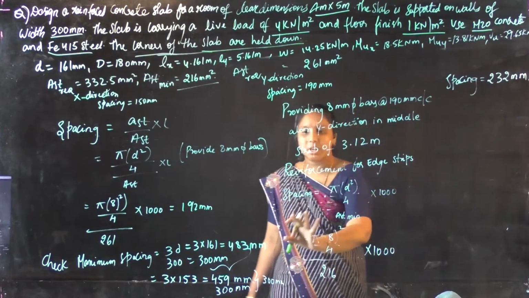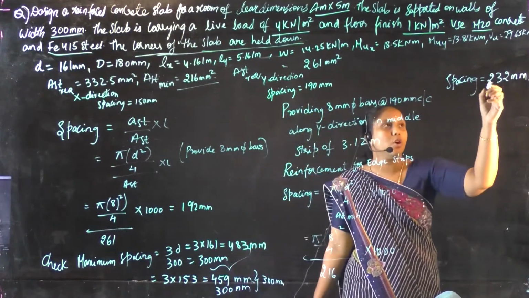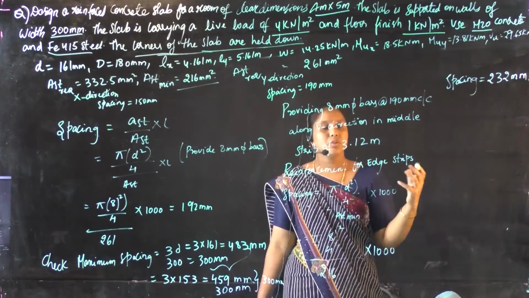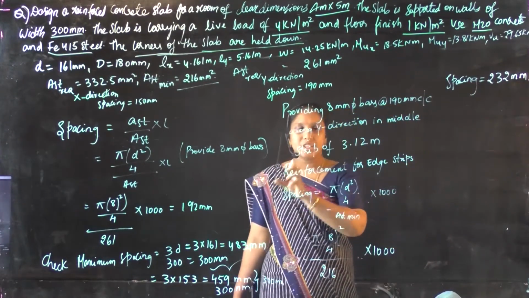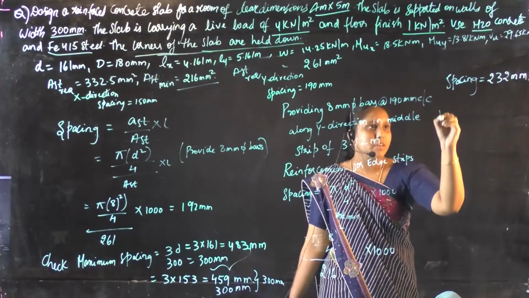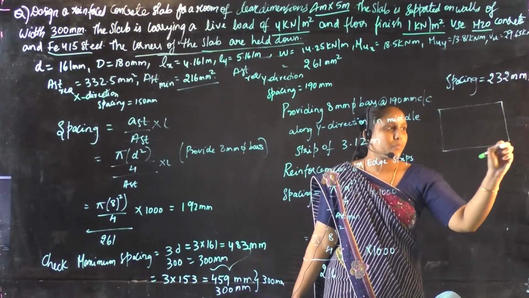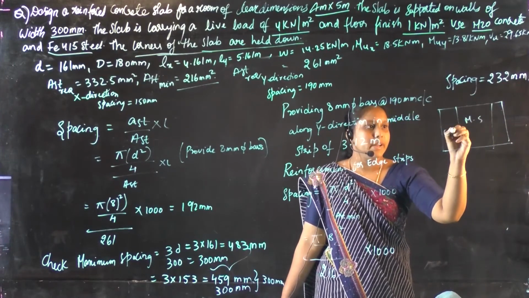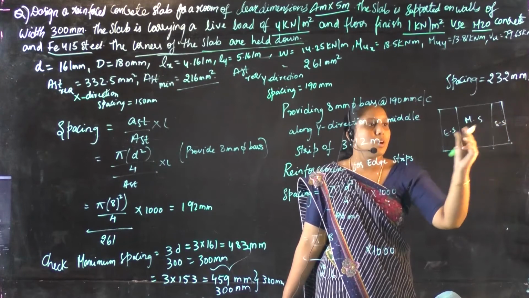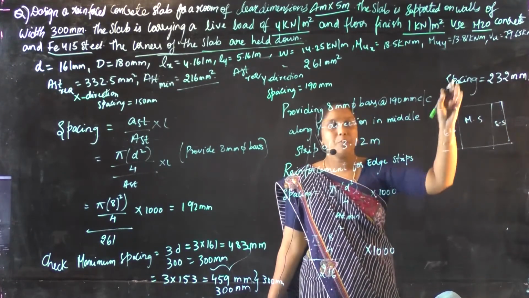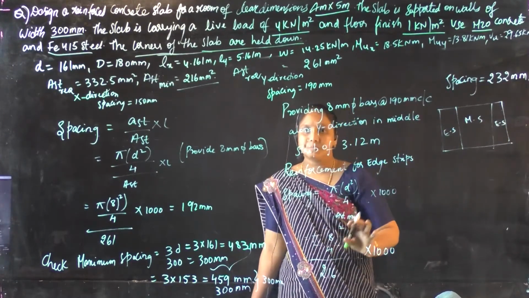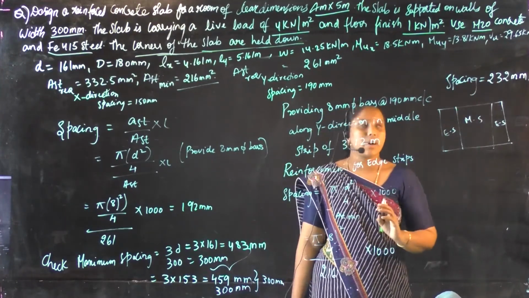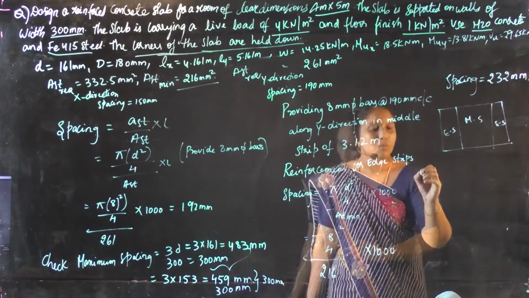So if you solve this particular equation, you are going to get a value of spacing which is 232 mm. So here at the edge strips, as previously we have seen, this is our middle strip and this is our edge strip. At these edge strips we have to provide this minimum area of steel, and the spacing between them is 232 mm.